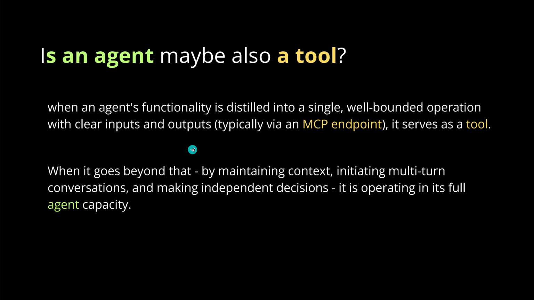But whenever it goes beyond this, whenever the agent has a context, a memory, is able to initiate multi-turn conversation or make independent, autonomous decisions, then we are talking about an agent and not anymore about a tool. And you will see we have different protocol layers. So it is not identical.